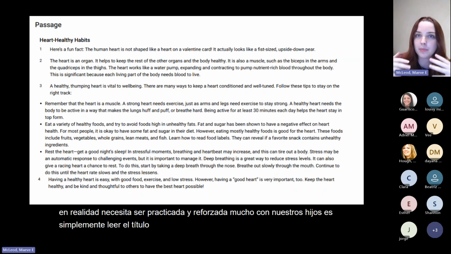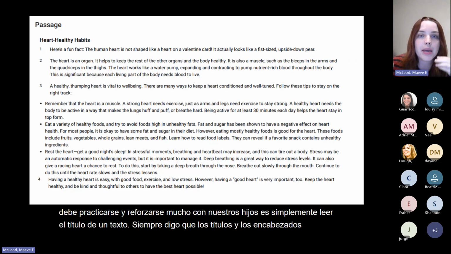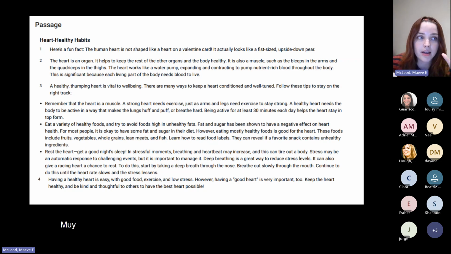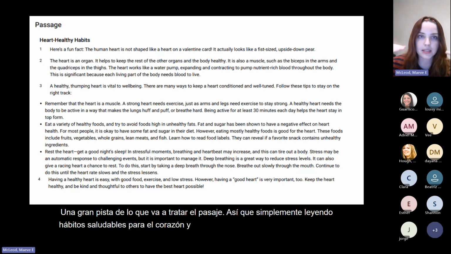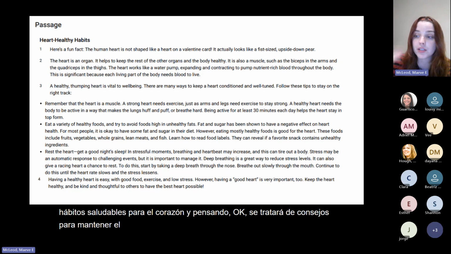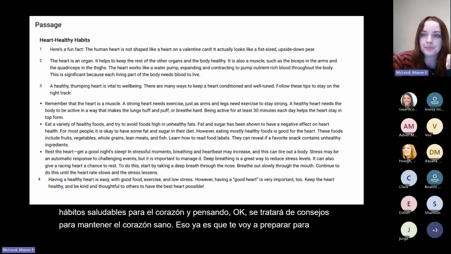I always say titles and headings are almost like clues. They give you a really big hint as to what the passage is going to be about. So simply reading Heart Healthy Habits and thinking, okay, it's going to be about tips to stay heart healthy, that's already going to set you up for success later with questions.